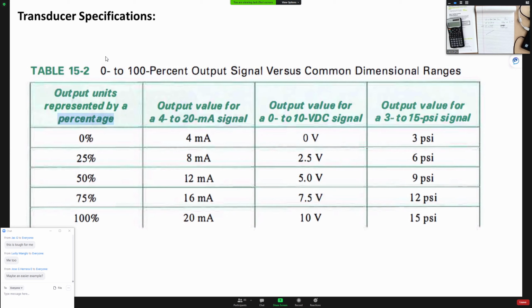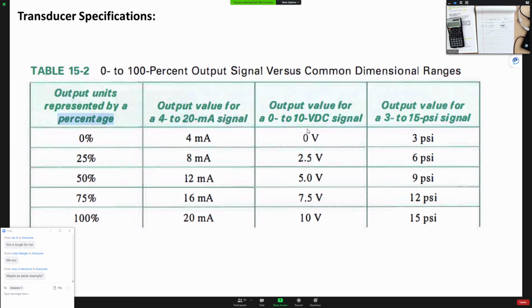Here they give you a certain transducer's specification, with the percentage. Sometimes they will tell you that either the input or output is at a certain percentage. For that percentage, you also need to be able to find out maybe the current, the voltage, or the pressure value.